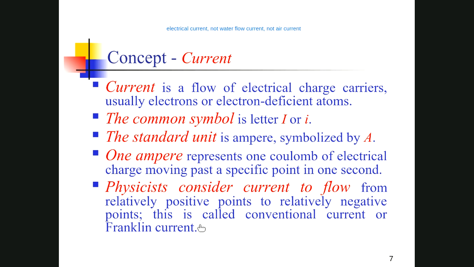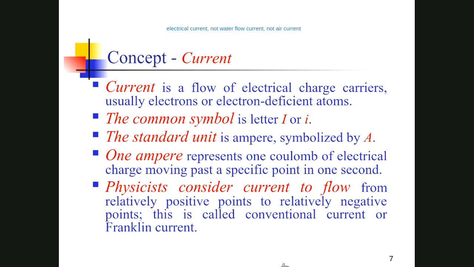But in practice, the movable electrons are negatively charged. So this is just for the description of the functions, the conventional use in the mathematical formulas. It doesn't matter about the current direction in practice in terms of power consumption.